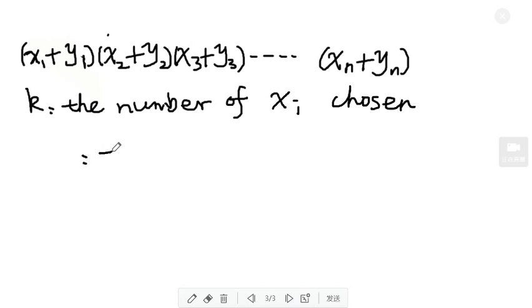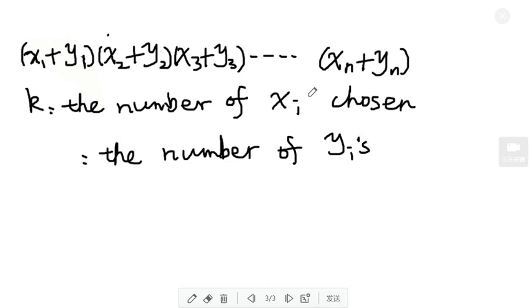We know that the sum of the x and y should be 3 for the previous case. Now it's n. The number of yi's chosen is, yes, it's right, n minus k.